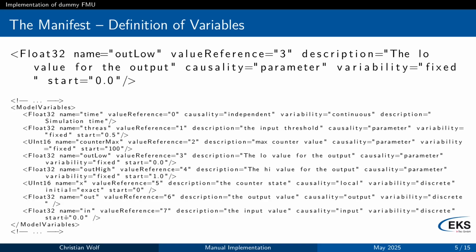The output is calculated on the fly, so it must not define the start value, only the input. If there was no input attached to this value, then the start value would be in place. So with these XML definitions, the variables of the model are clear to the simulation environment.